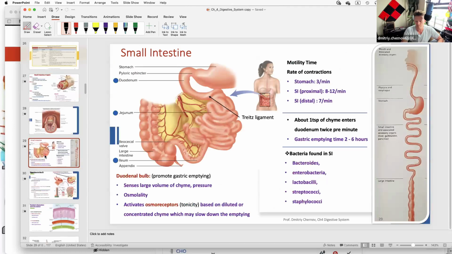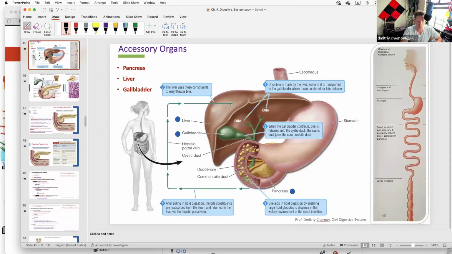I just want to go through what we covered so you will know. The duodenum and jejunum are the major site for digestion and absorption. Accessory organs: salivary glands, pancreas, liver, and gallbladder.